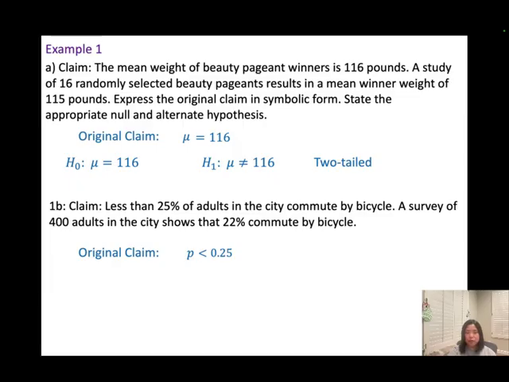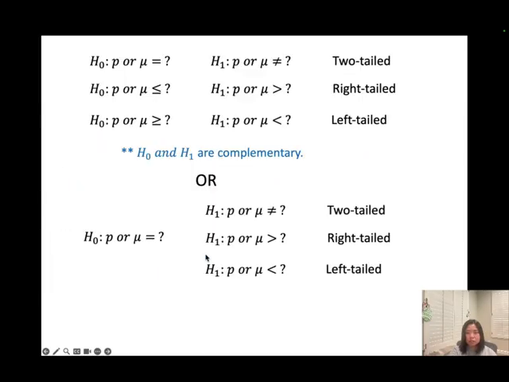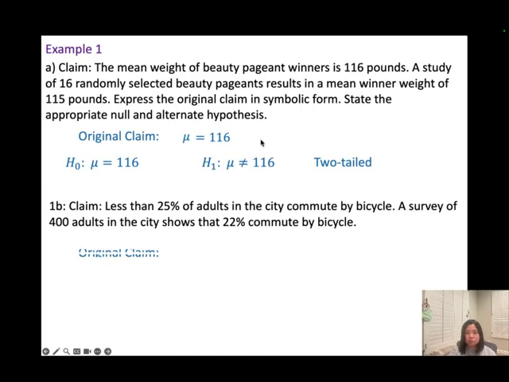Okay, after we have the original claim, think about it: strictly less than will be from your alternate hypothesis. So my alternate hypothesis will be P strictly less than 0.25. And then think about what your null hypothesis is. That would be opposite to the alternate hypothesis, right?